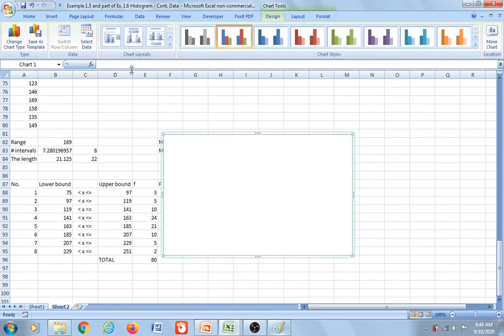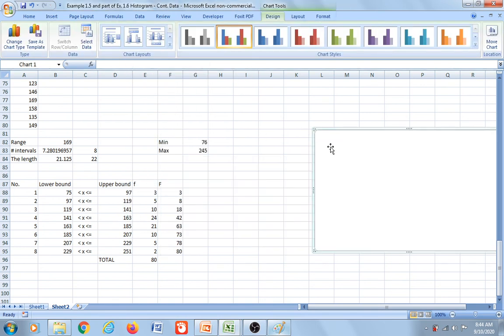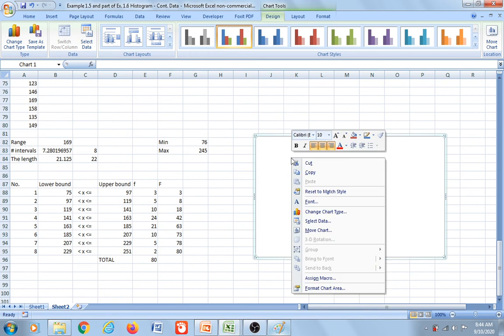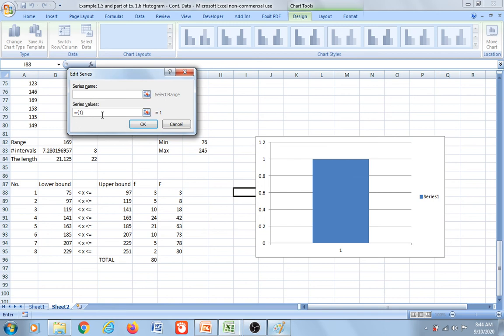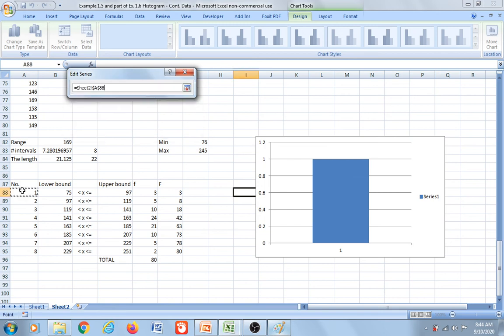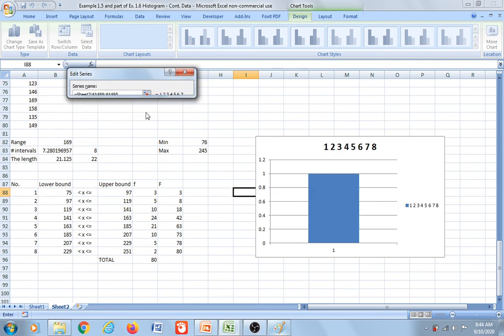So click that, and then we need to select the data. So we need to select the series name. It will be the number of the interval, so first, second, and third interval, and then the frequency.